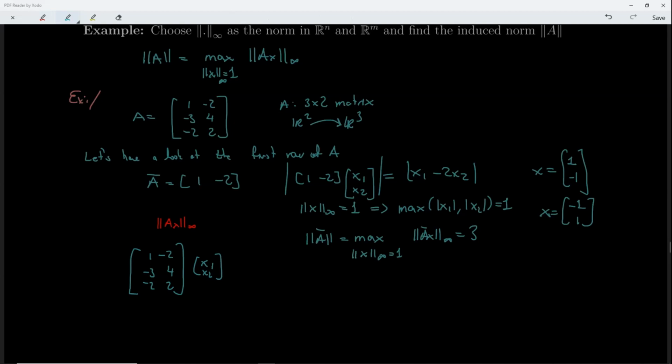Notice that if I pick x1 equal to 1 and x2 equal to -1, then I will get the maximum absolute value from each of these rows. I can write that the norm of A is equal to 7 when x is -1 and 1. Do you all agree with that?